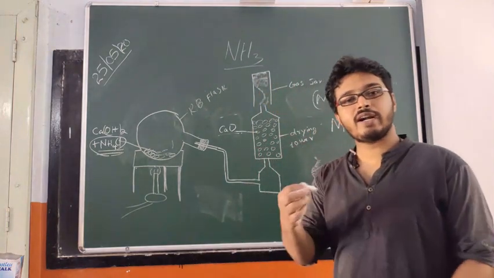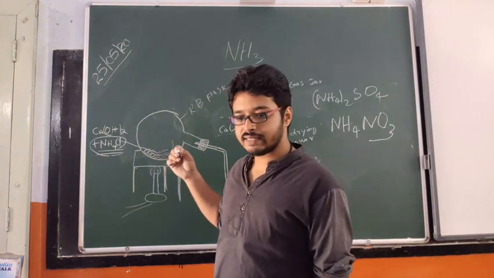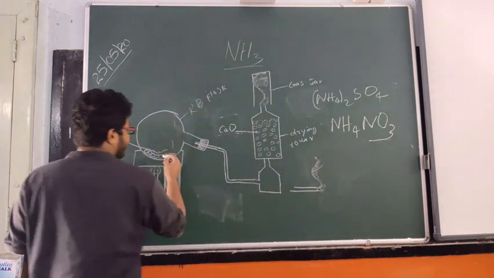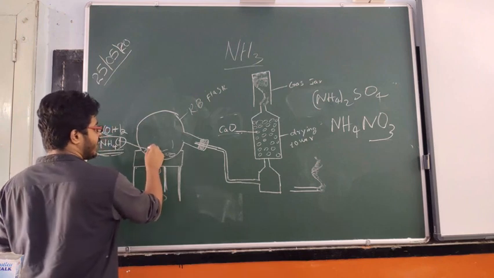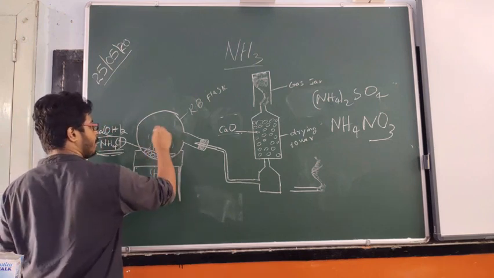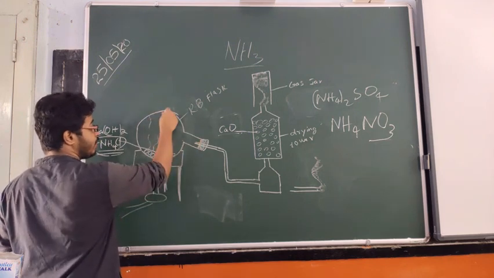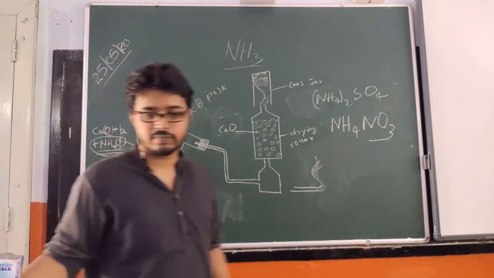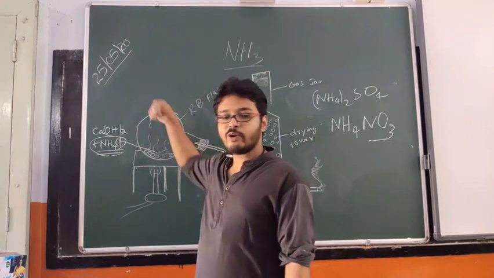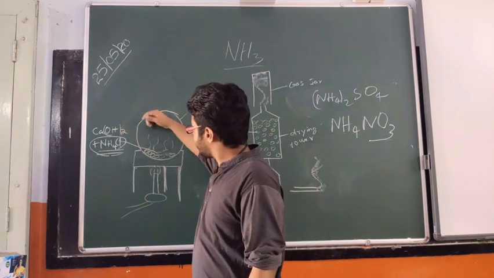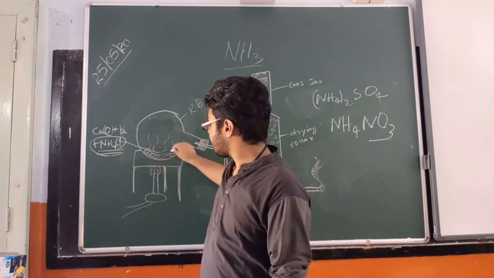So what happens to the water? There is a slight problem here. The water that is formed by the reaction will rise up, condense, and go to the top. We don't want that water vapor to condense back onto the reactants.